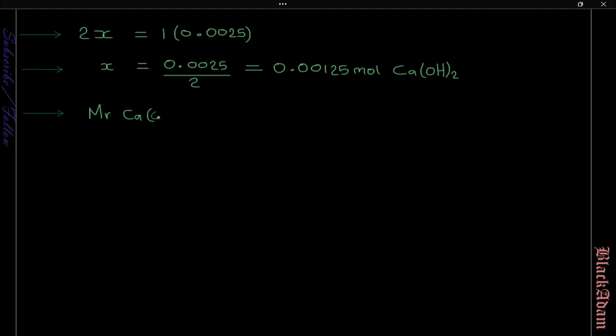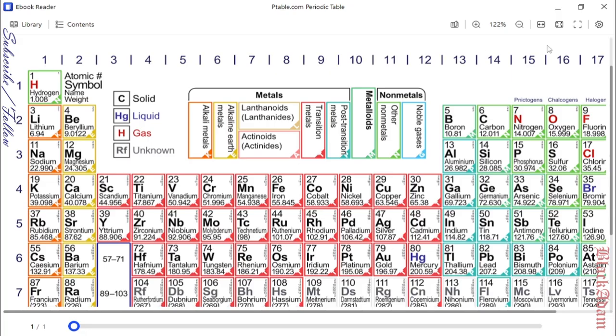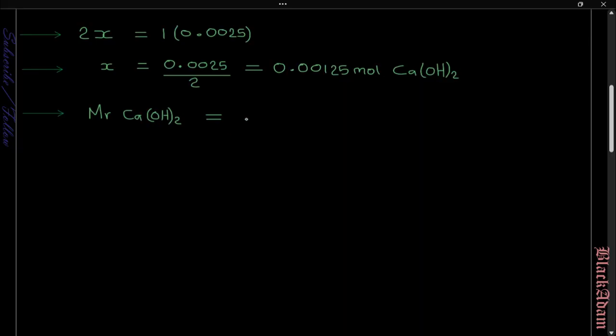molarity, so we need to find the mass of calcium hydroxide. So the molar mass there is going to be the calcium there, that's going to be 40.08 plus we have 2 there.